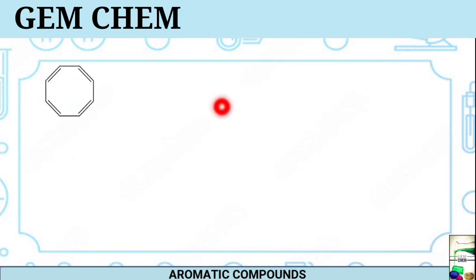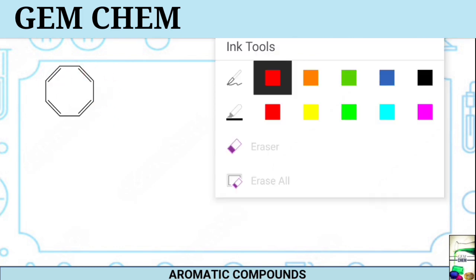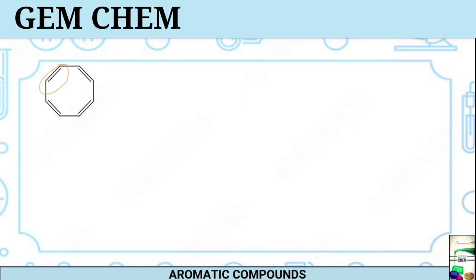Now we will see this one. If you consider this, what must be the answer? See here, you have 1, 2, 3, 4 double bonds. So 4 into 2, that is 8 pi electrons, right? So you must tell that this is anti-aromatic, right?